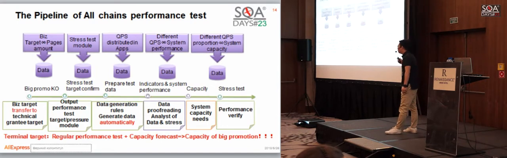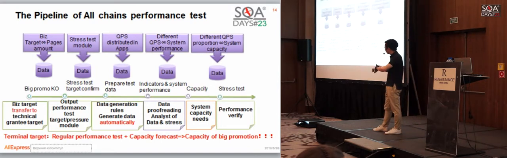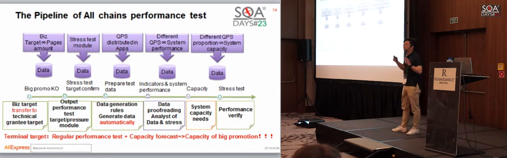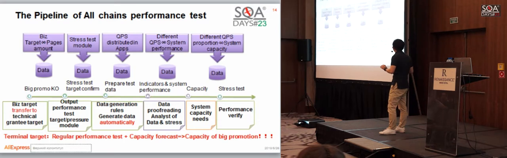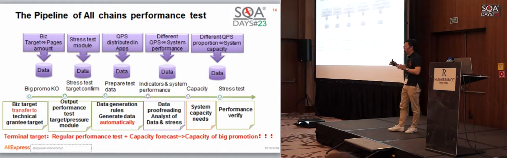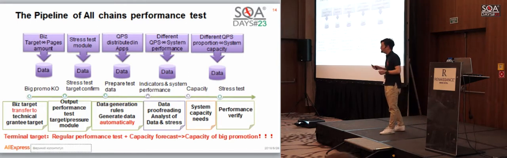Then, every day we do the data preparation, so we can proofread and analyze the data, or the strength. Is it enough for this big promotion or for this performance test? Before we do the performance test, we need to calculate the current capacity of all the applications in AliExpress.